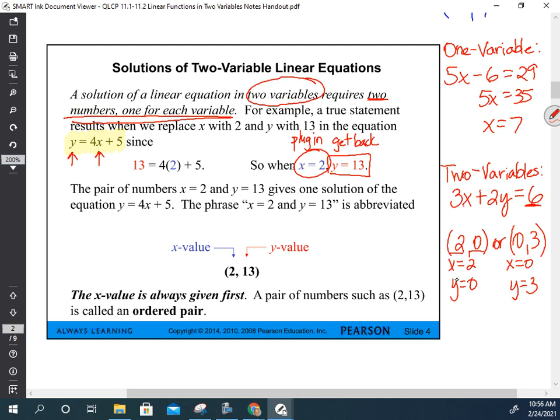So since x equals 2 and y equals 13, we write them in parentheses together. That is known as your ordered pair.